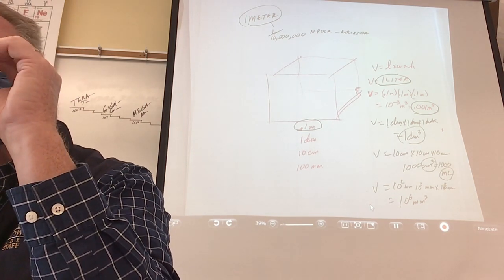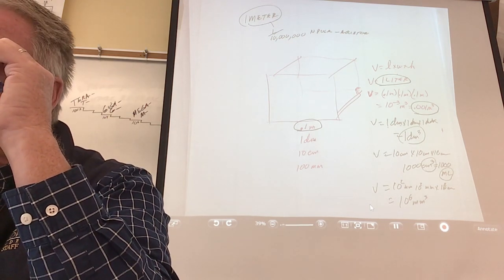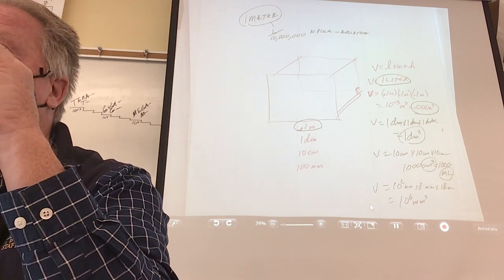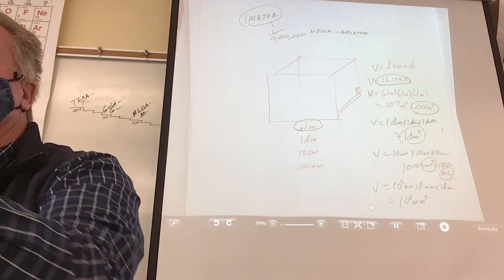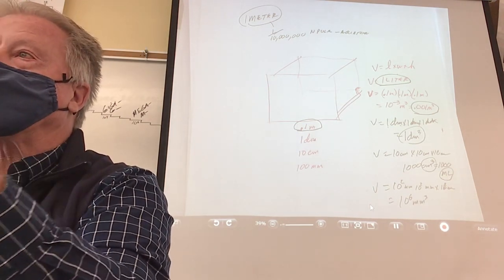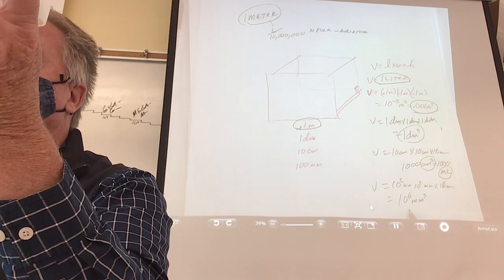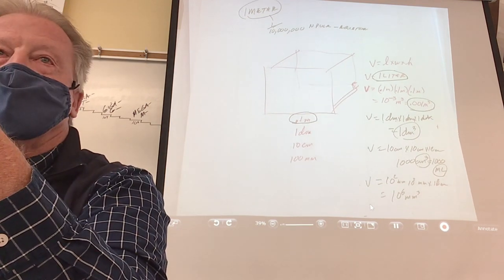I'll give you a clue. 10 would go there, and 10 would go here, 100 on the bottom floor, and 10 floors. 1,000 cubic millimeters would fit in this. But 1,000 of those would fit in there. So therefore, how many cubic millimeters would fit in here? 1 million. Yeah, 10 to the 6.